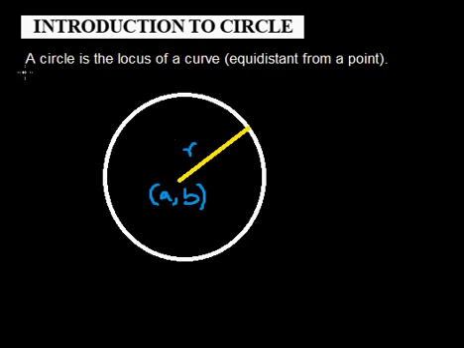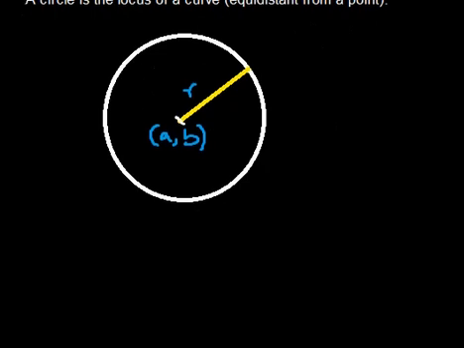Now, what is a circle? A circle is defined as the locus of a curve equidistant from a point, and that point, of course, is the center. You know very well that if you want to use, let's say, a protractor to draw a circle, you have to stay at a point, then you move around a region.